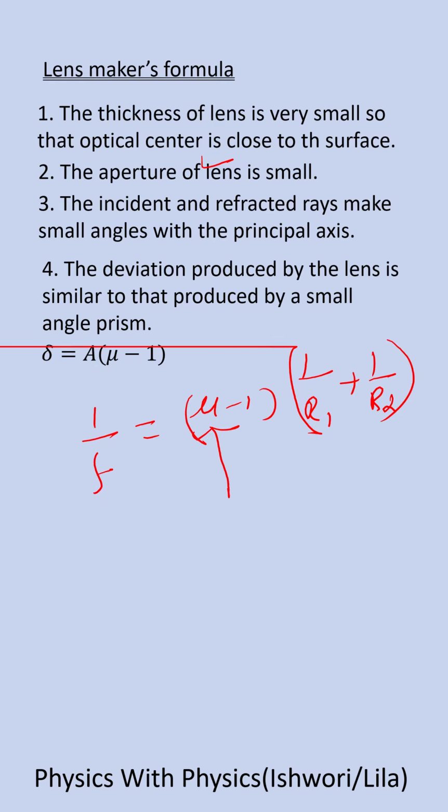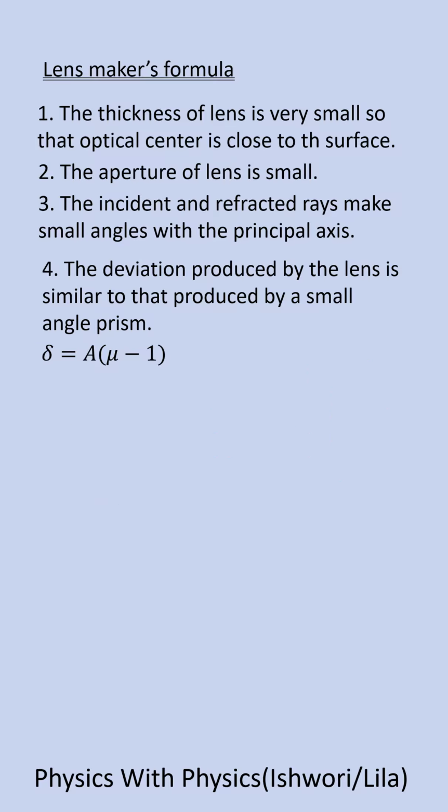We can choose surfaces of different radii of curvature or the same curvature, one concave or one convex or both concave, whatever else, in order to achieve our required focal length. By the proper choice of material and surfaces, we can get a lens of required focal length. That's why this is called lens maker's formula.